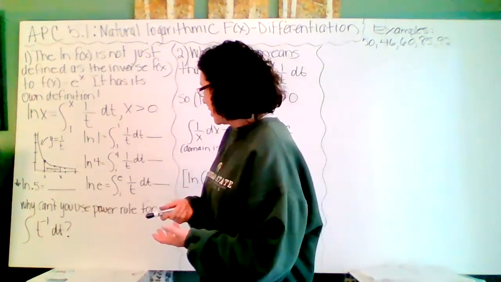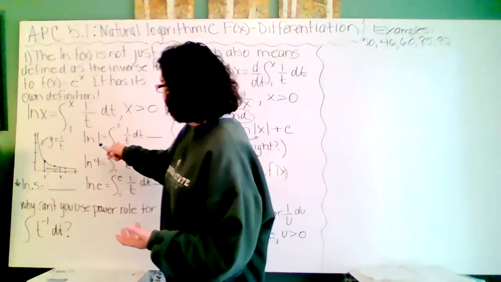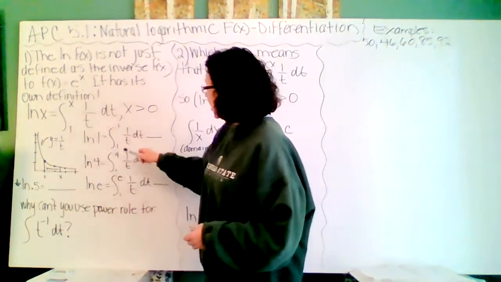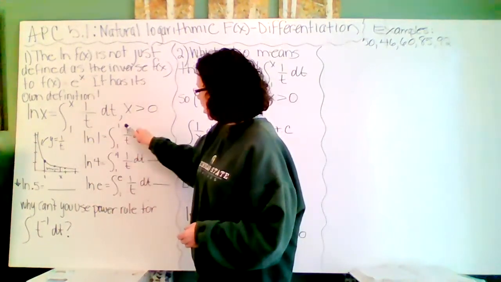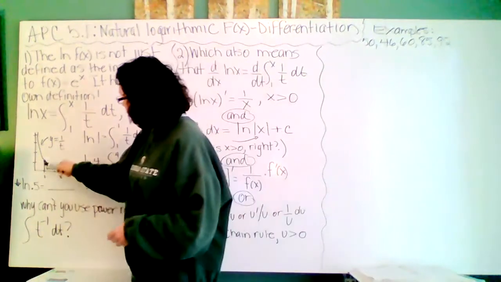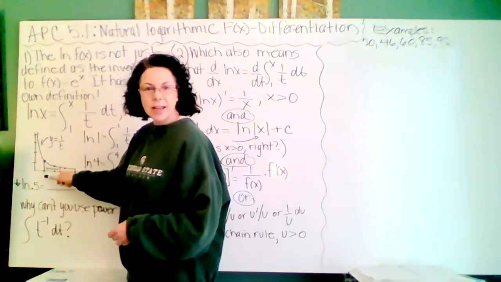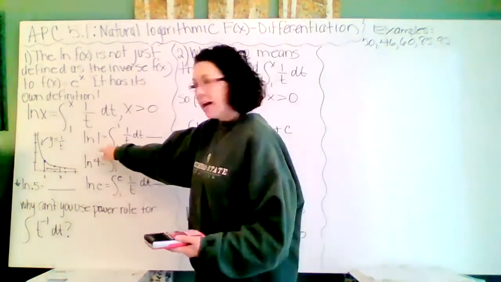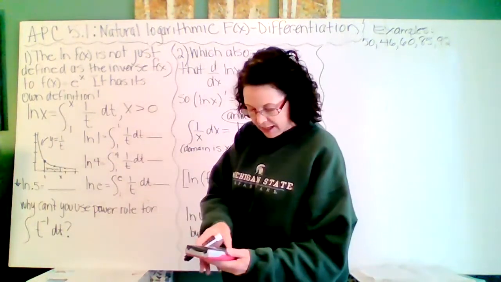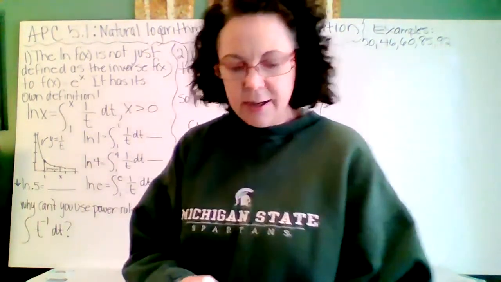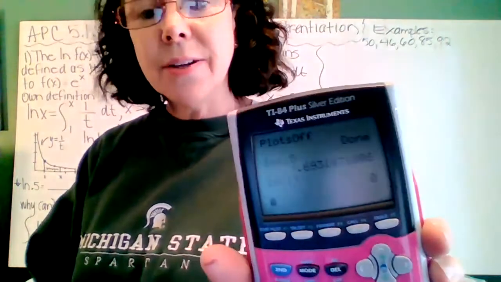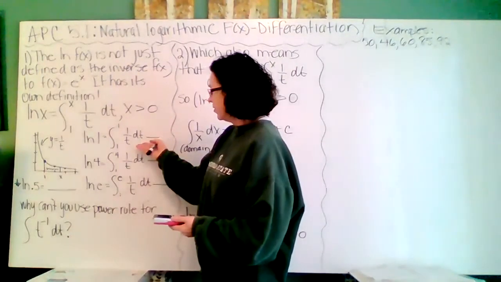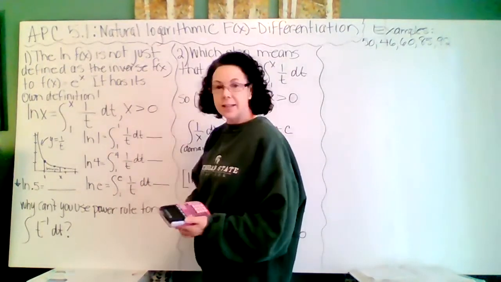So the natural log of 1, when we put it into its definition, would be the integral from 1 to 1 of 1 over t dt. Of course, the width of this area from 1 to 1 is 0. That is why when you hit the natural log of 1 on your calculator, you get a 0. If I put this into the calculator also, you would obviously get a 0.